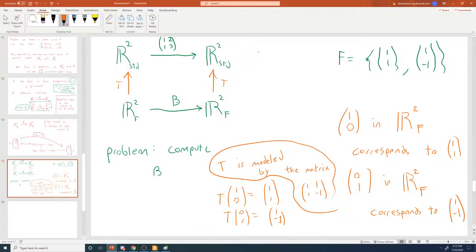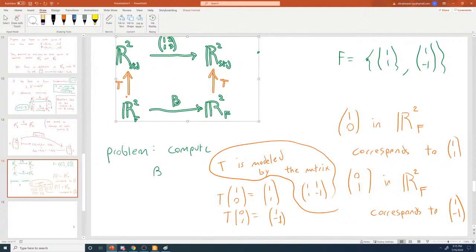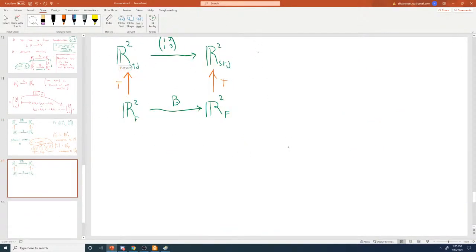So now I can proceed with my problem. Let's take everything I have here, move it to a different slide, and replace T here with [1, 1; 1, -1].